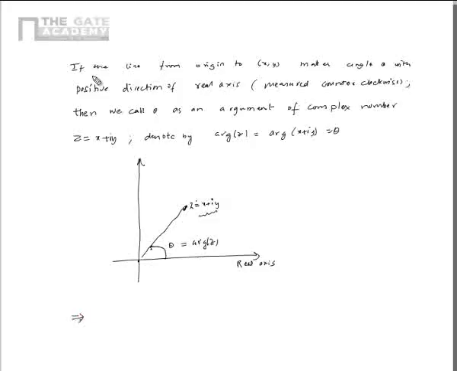So now a couple of things. The modulus of a complex number is always real and non-negative because basically it represents distance. It's always real and non-negative.